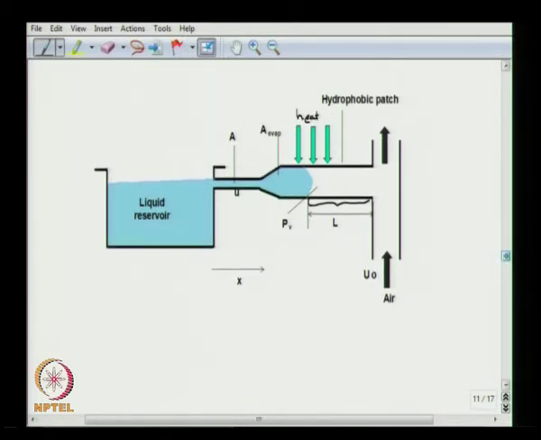So, what we have here is liquid in a reservoir which is drawn into a capillary. So, liquid from the reservoir fills the horizontal channel, and this is due to the capillary effect.